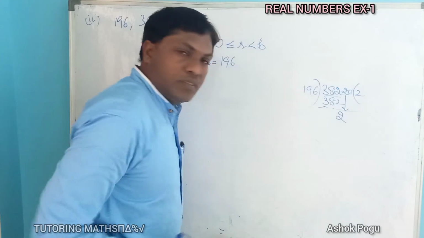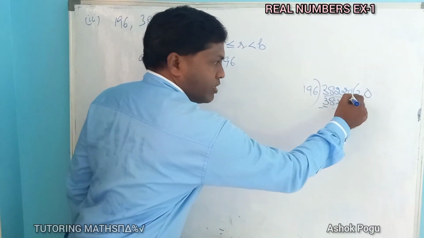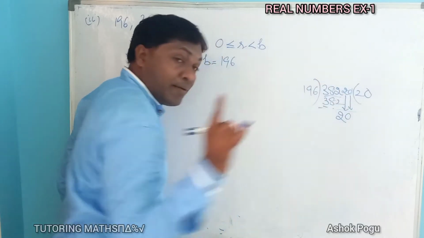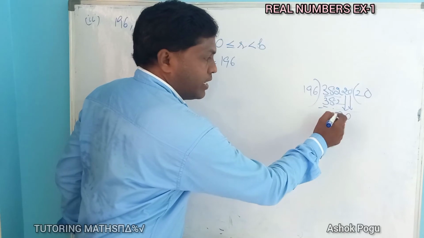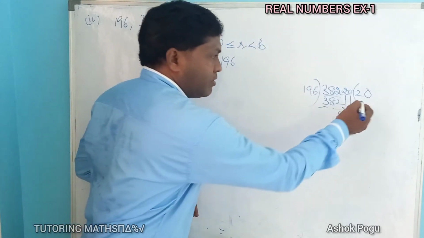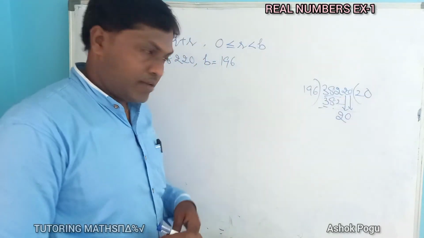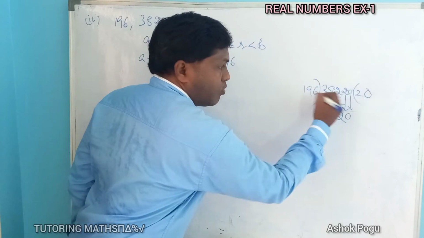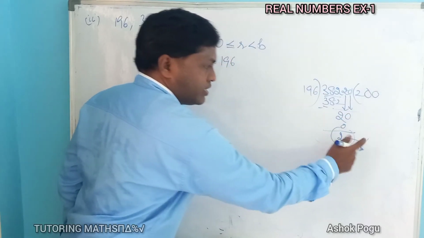Yes, not possible. Again 0. Because when you are going to take two numbers, you must take a 0 here. Now it becomes 20. Now 196 table, 20 not possible. You can say 196 zeros are 0. Now the remainder is 20.